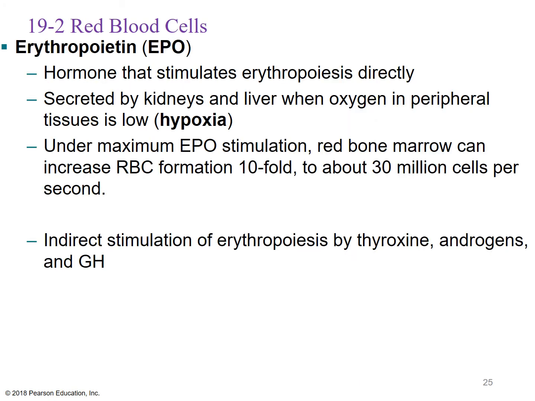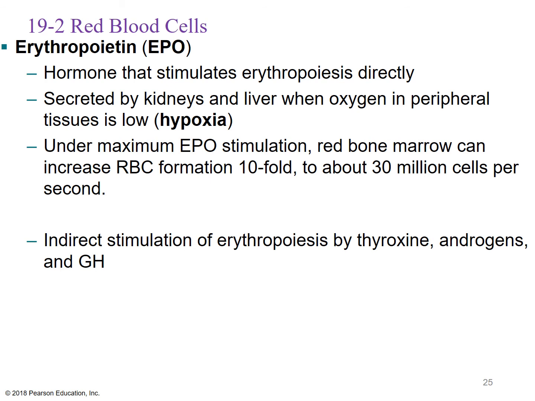Erythropoietin is a hormone that is going to stimulate erythropoiesis directly. Erythropoietin is going to be secreted by the kidneys and the liver whenever you have low oxygen in the peripheral tissues, which we would call hypoxia. Hypoxia is the indication that it is time for erythropoietin to stimulate the process of erythropoiesis, which is creating more red blood cells.